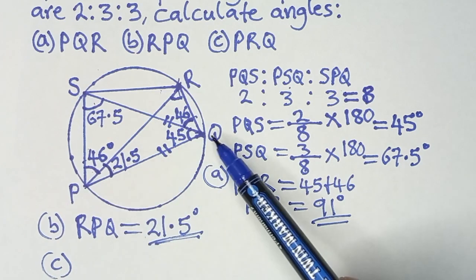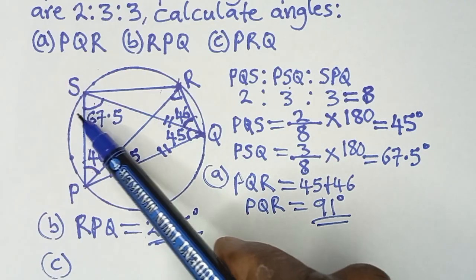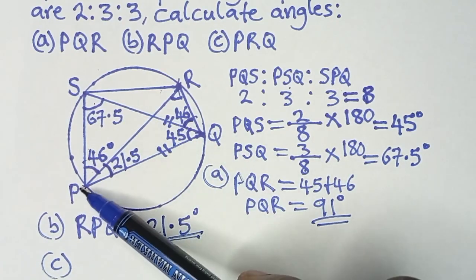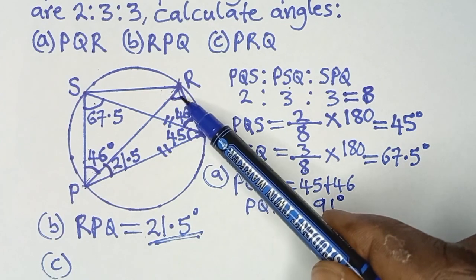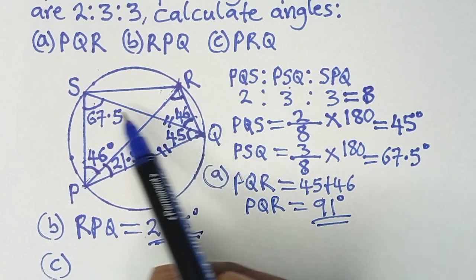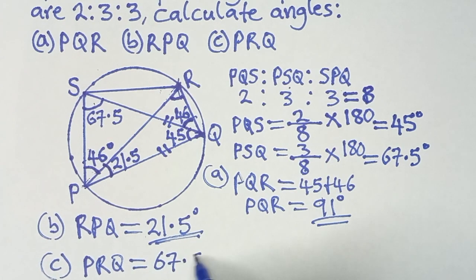If you look at this P and Q, I have these two lines going to this place to form 67.5. In the same way, from P and Q, I have these two lines going to the circumference to form this angle that we're looking for. So therefore, we should use the theorem that says that angles in the same segment are equal. So I can just simply say angle PRQ is equal to 67.5.